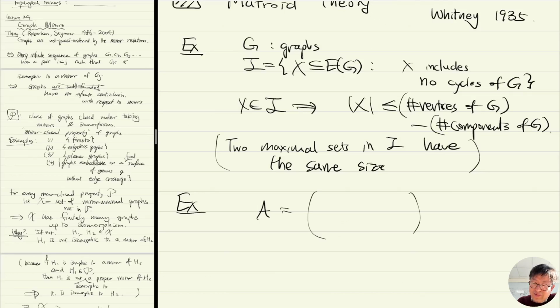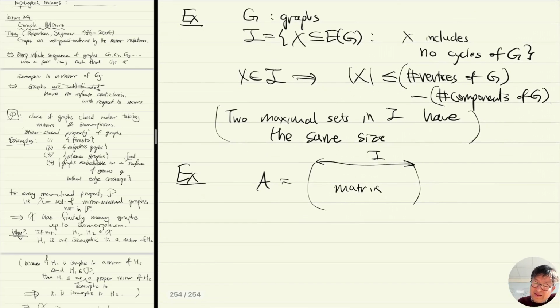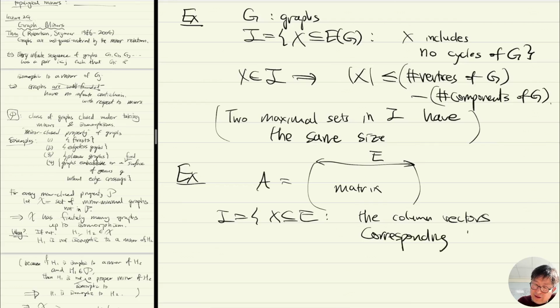Think of a matrix where the columns are indexed by E. And then I is the set of column indices X so that the column vectors corresponding to X are linearly independent.